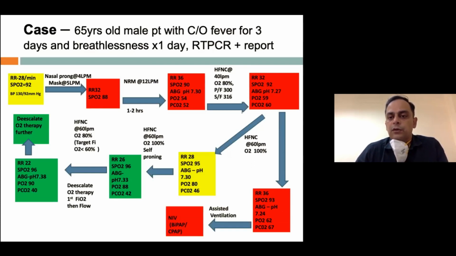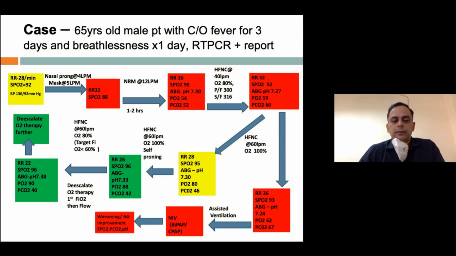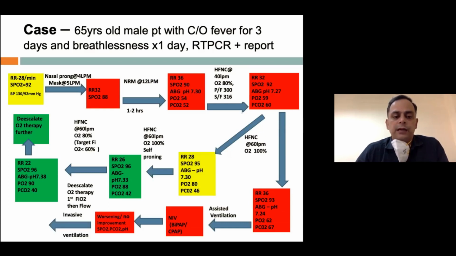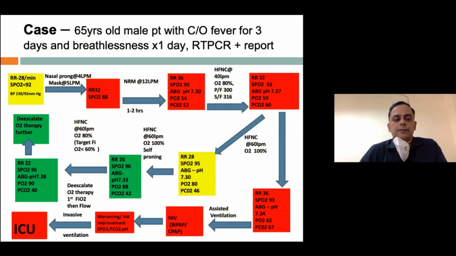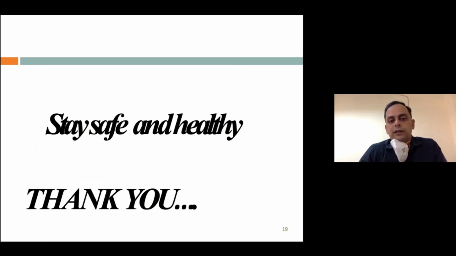Then comes the role of our NIV or BiPAP therapy. If improvement is there, well and good, and if worsening is there, then finally we will have to go for invasive ventilation or intubation. So stay safe and stay healthy.